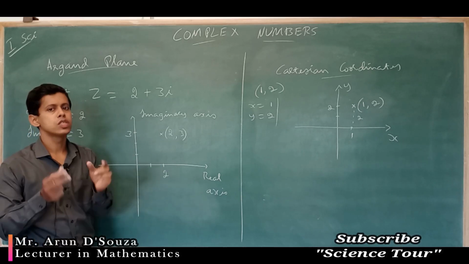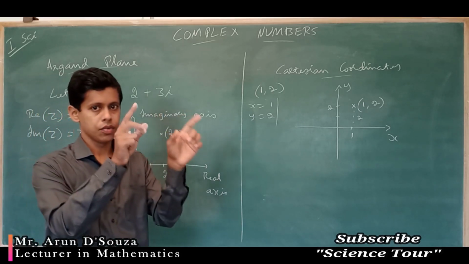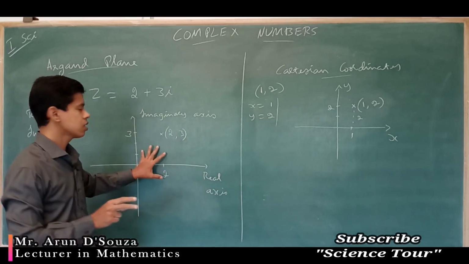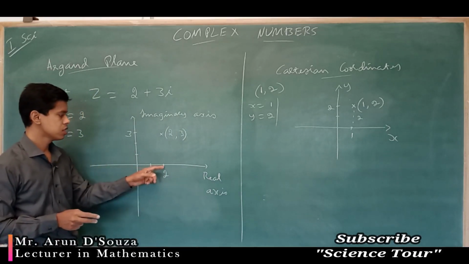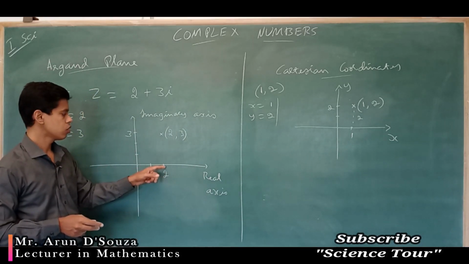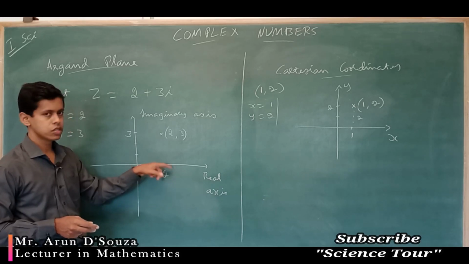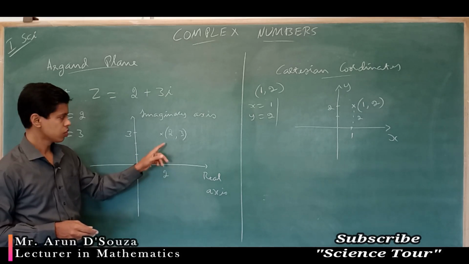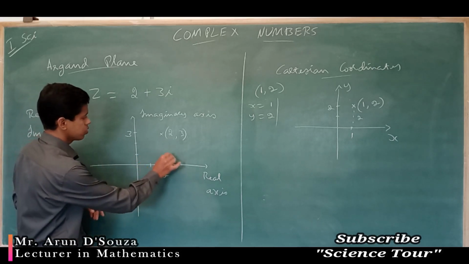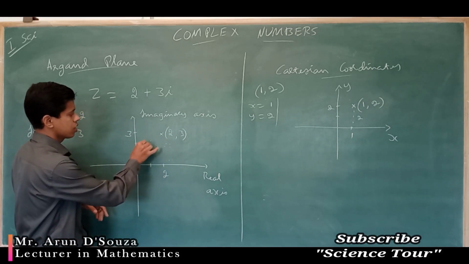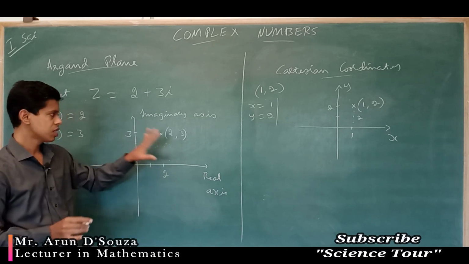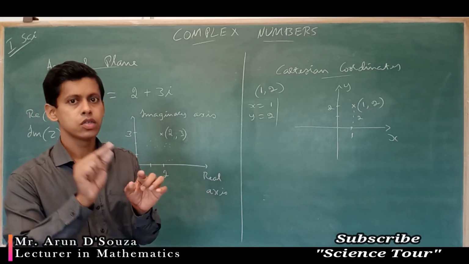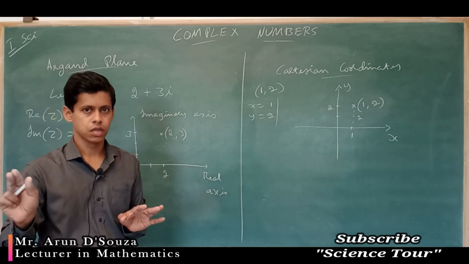So what we can do is we can relate every complex number to a point in this plane. So how many points are there? Infinite points. So this is real. Okay. So you have 2.1, 2.2, 2.01, 2.001. So you have all the real numbers here. So there are infinite points. All these points are there. All these infinite points can be assigned to a complex number.